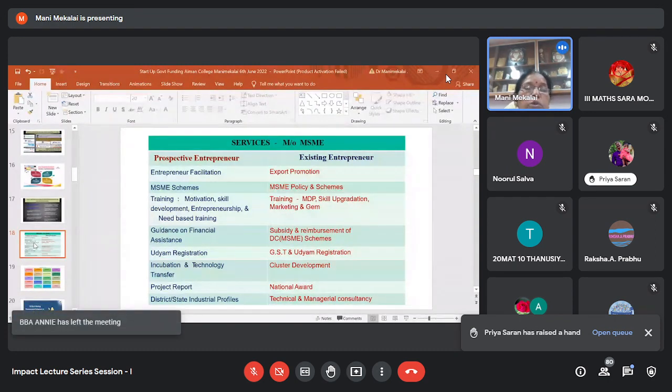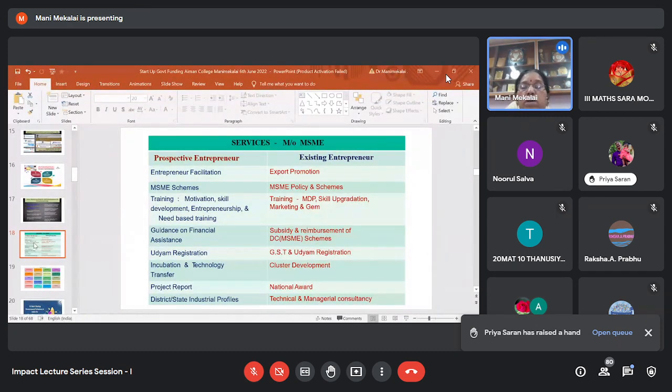You have to be careful in getting the services rendered. Then motivation, skill development, entrepreneurship, need-based training, guidance on financial assistance, Udyam registration, and finally the project report. For existing entrepreneurs also, MSME helps.